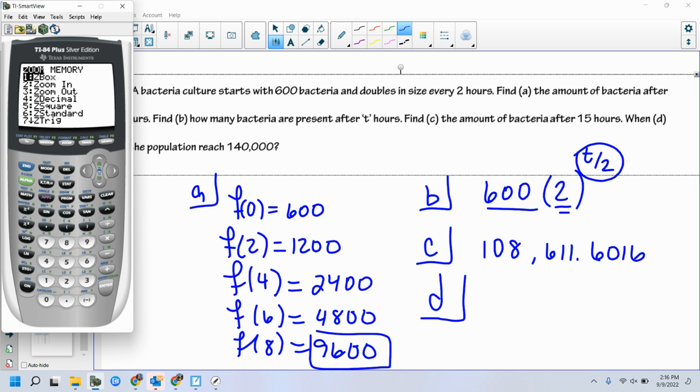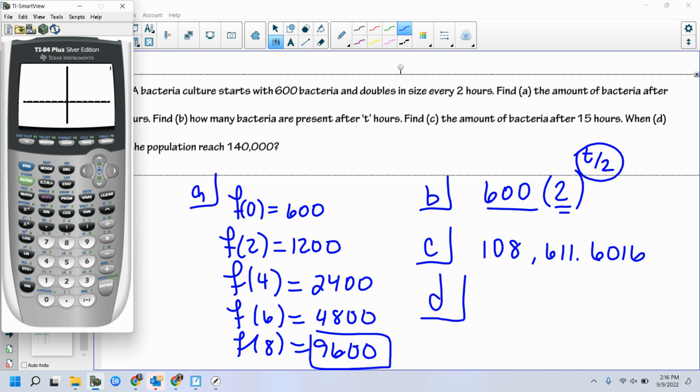That's my function. I'm going to zoom 6, put this back into standard. Oh, I do want to do 140,000 actually. I want to make that my y value because I know that's what I'm trying to reach. I want to know the time that it's going to take. So I'm going to zoom fit that. Looks like I got to zoom out a little bit.